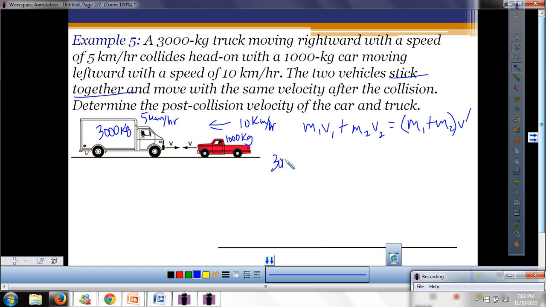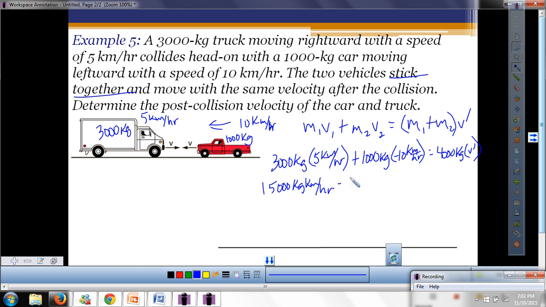So 3,000 kilograms, 5 kilometers an hour, plus 1,000 kilograms times -10 is equal to their mass added together, so that looks like 4,000 kilograms times V prime. So 15,000 here. Minus 10,000 here.